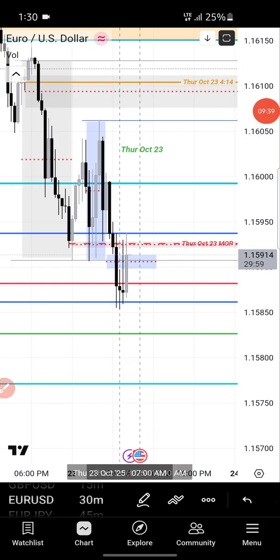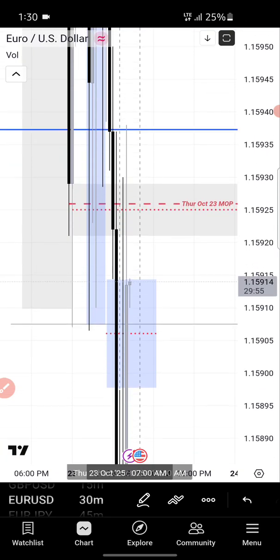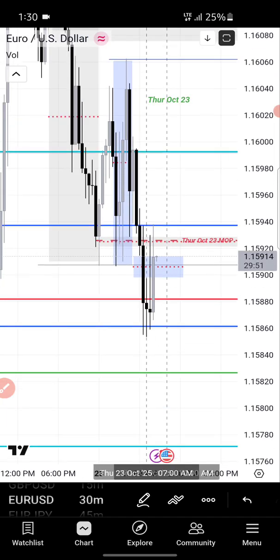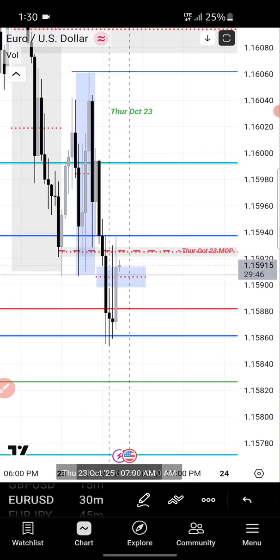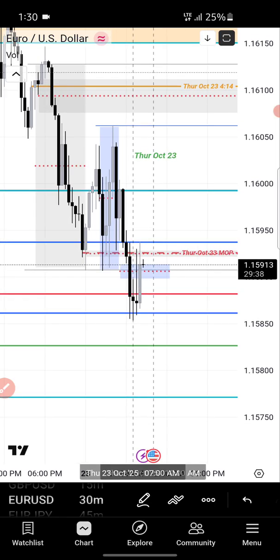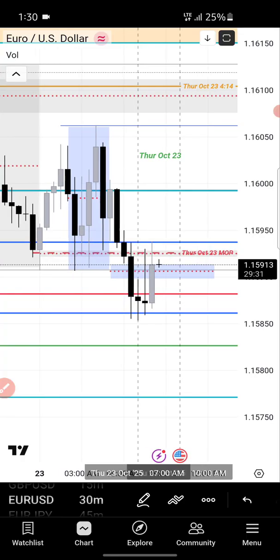So now on the 30 minutes, what happened is that we closed above the consequent encroachment of the 30 minutes fair value gap. So this alone has given me, okay, there's a temporary short-term shift. Not that we have totally discarded the bearish trend on the daily time frame, but on this 30 minutes time frame, we can definitely see that there is a short-term turn in the marketplace.